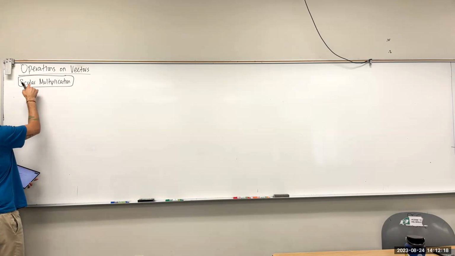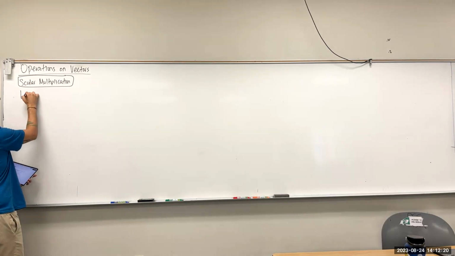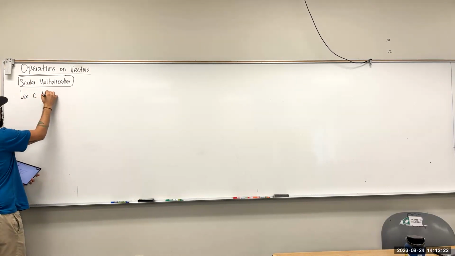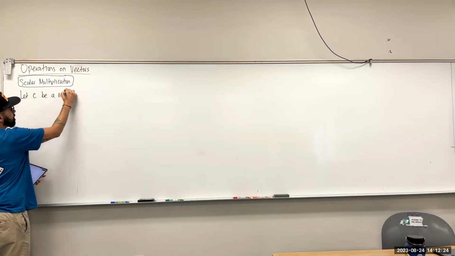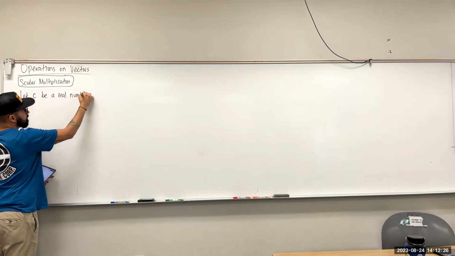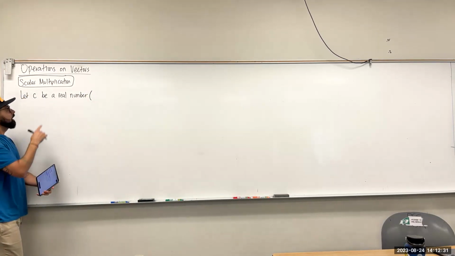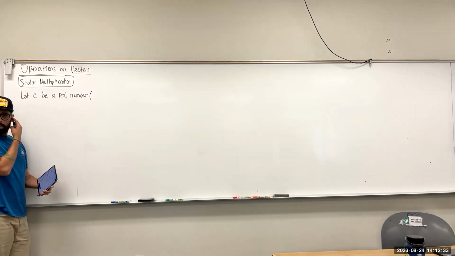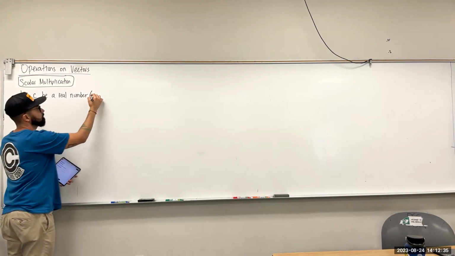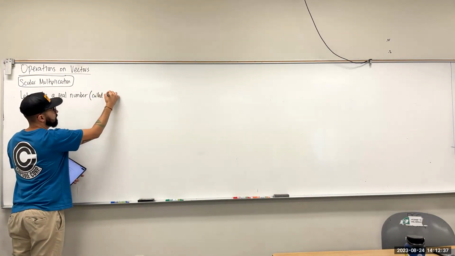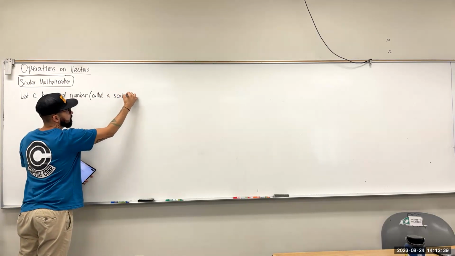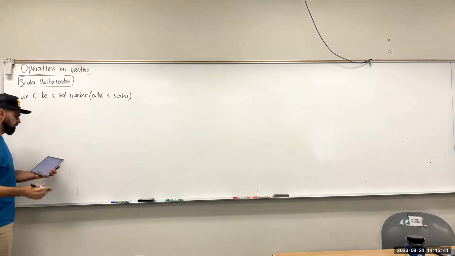And so this word scalar, what does that mean? Let C be a real number. In this class, a real number is called a scalar. It just means a number, or a real number in this case.